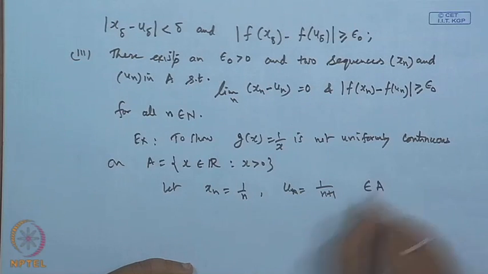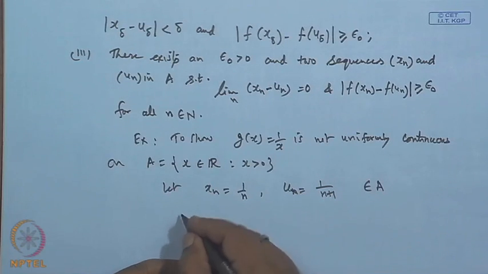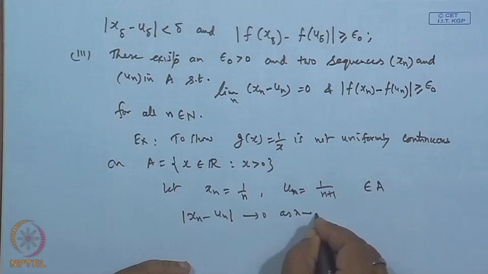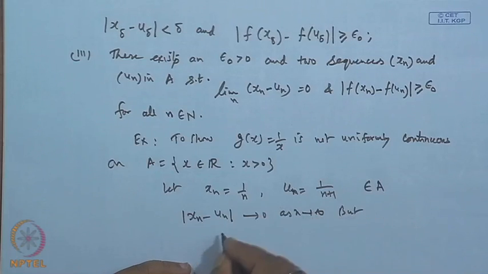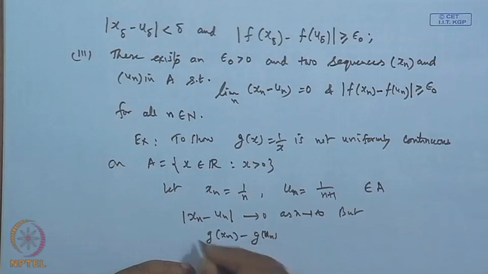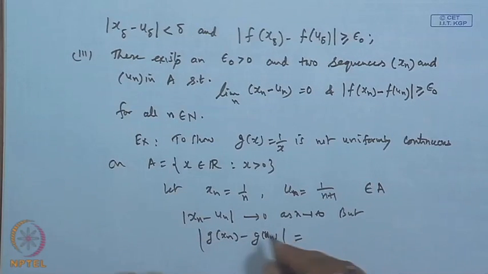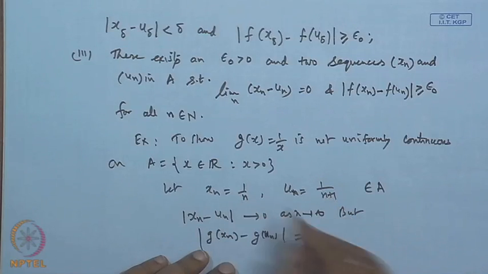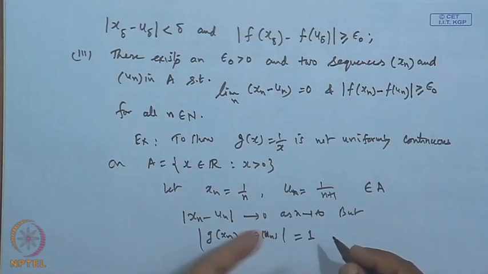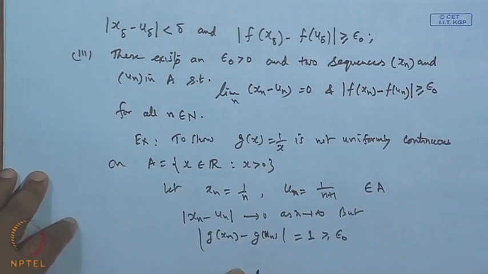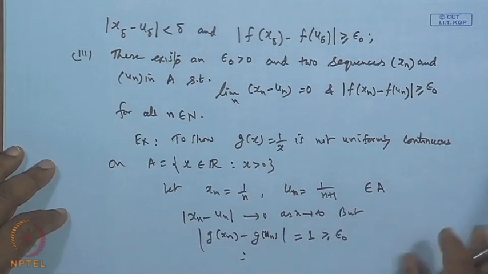Both are in A, and the difference of these two sequences, x_n minus u_n, obviously goes to 0 as n tends to infinity. But what is the mod of g of x_n minus g of u_n? It is n plus 1 minus n, that is 1, which does not go to 0. In fact, it is greater than or equal to some number epsilon naught. Therefore, g is not uniformly continuous.